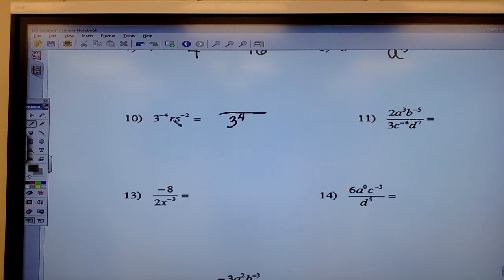When you don't see a power, it's raised to the first. You don't have to show that. So R stays at the top. S is raised to a negative power, so S will move to the bottom and the 2 will become positive. Now let's go ahead and evaluate 3 to the 4th.